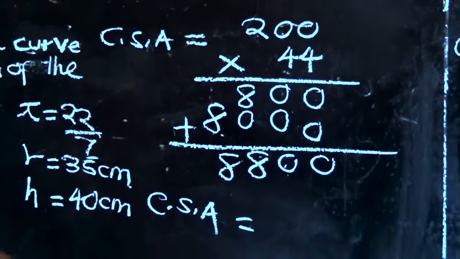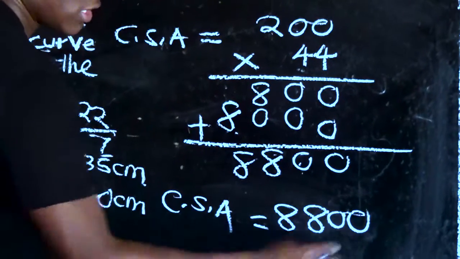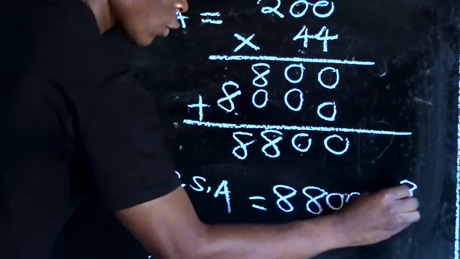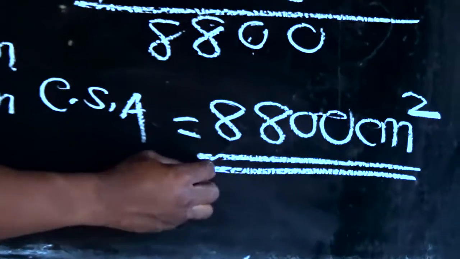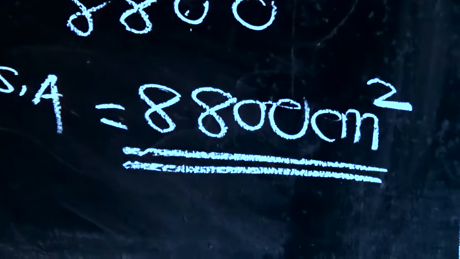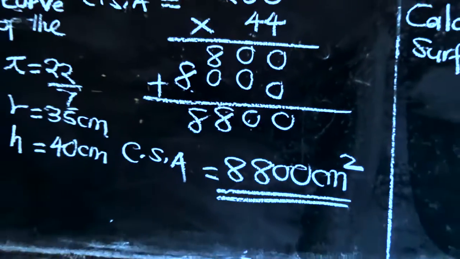So our curved surface area is 8,800 centimeter squared. Still it's area. So this is our total curved surface area of this cylinder, 8,800 centimeter squared. Okay?